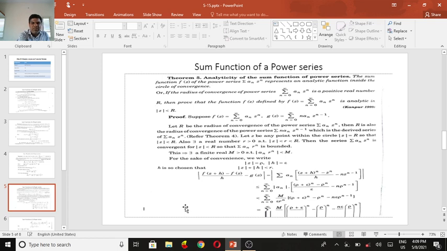Again, I am simplifying this. This number is less than summation n from 0 to infinity of M, since this number is bounded; that bound we call capital M. M divided by epsilon times r^n of (rho+epsilon)^n - rho^n - n epsilon rho^(n-1).